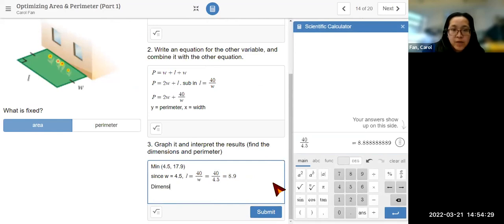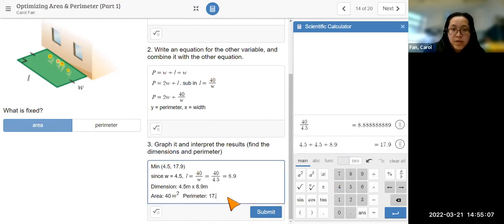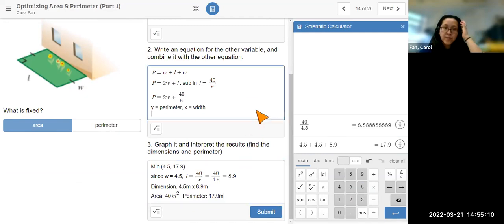Okay, so the dimension, 4.5 meters by 8.9 meters. The area was fixed at 40 meters squared. And then our perimeter is going to be 4.5 plus 4.5 plus 8.9. So 17.9 meters.